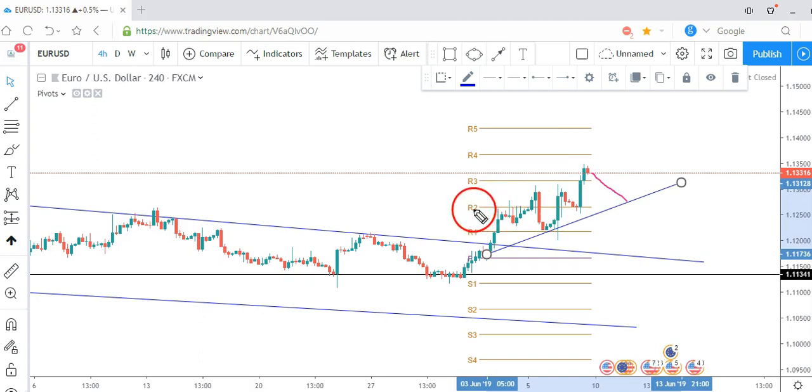And you can see the trend line also corresponds with the R2. I don't know if you are following me. The trend line also corresponds with the R2. So if price comes back down and tests it, and we have a rejection on this level, you take a buy from there, placing your stop loss below R1.